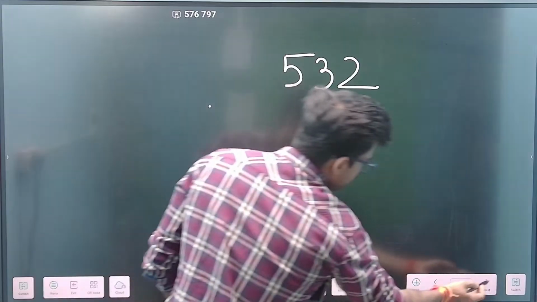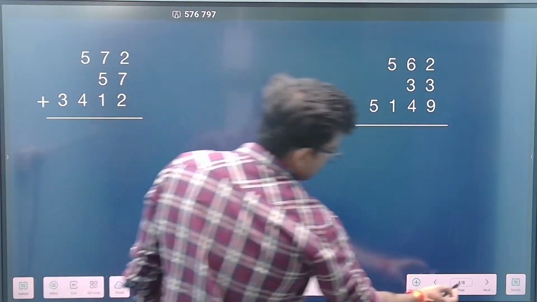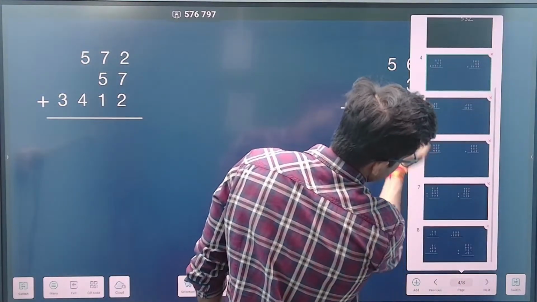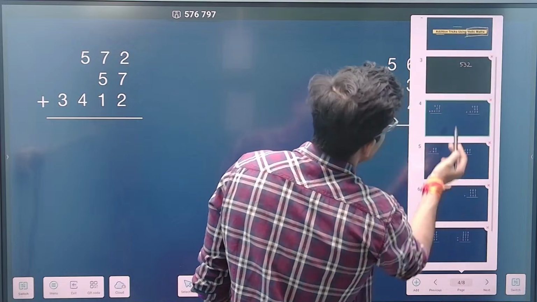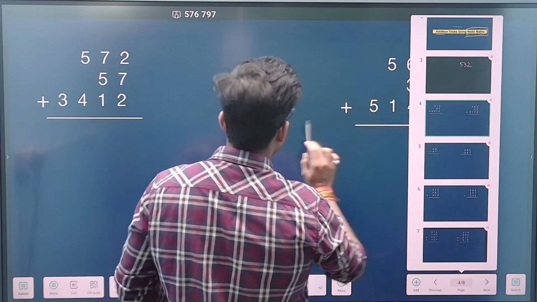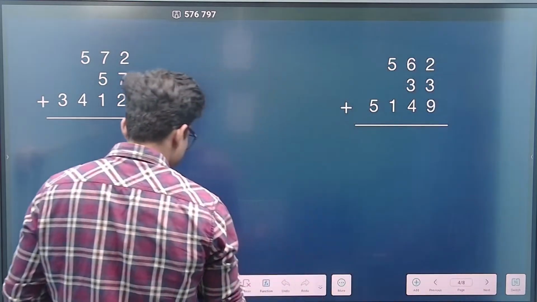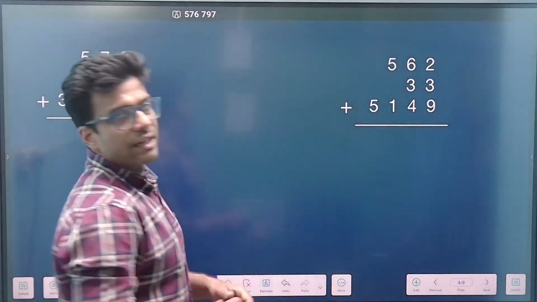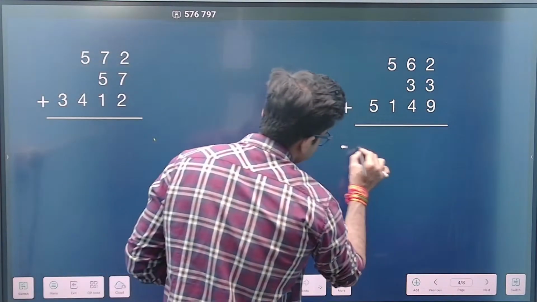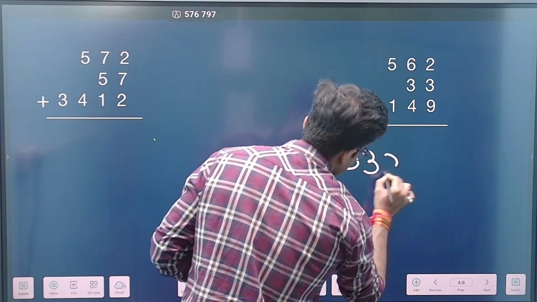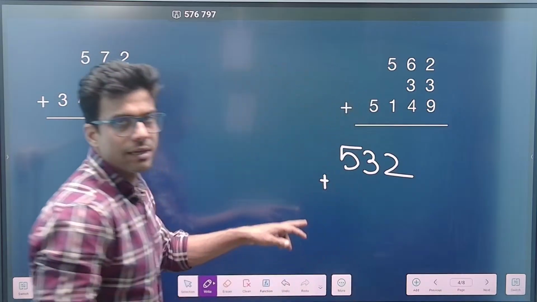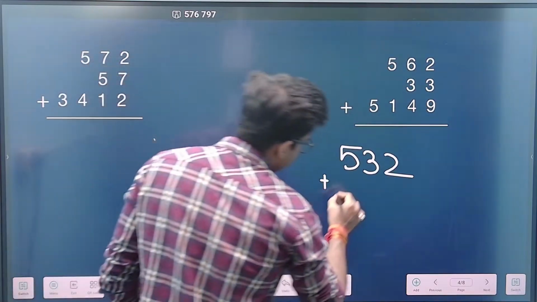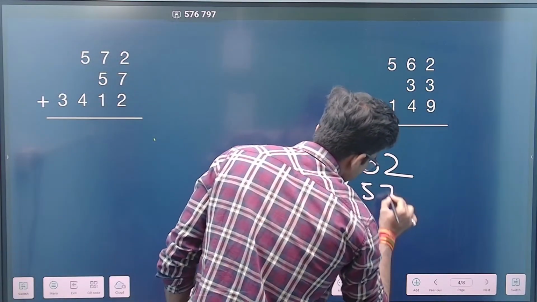Let me take another slide so that we can learn from this method. Suppose I take a number like 532. This was only in a question. 532 plus, there's a plus sign, and then we write 657. What is the method?